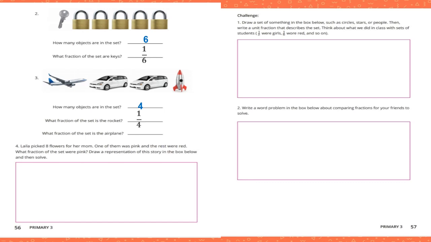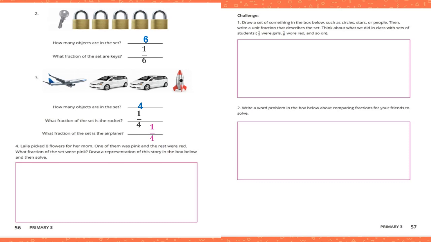So it's 1 over 4 or a fourth. What fraction of the set is the airplane? How many airplanes here? Just one. One out of 4. So it's a quarter.